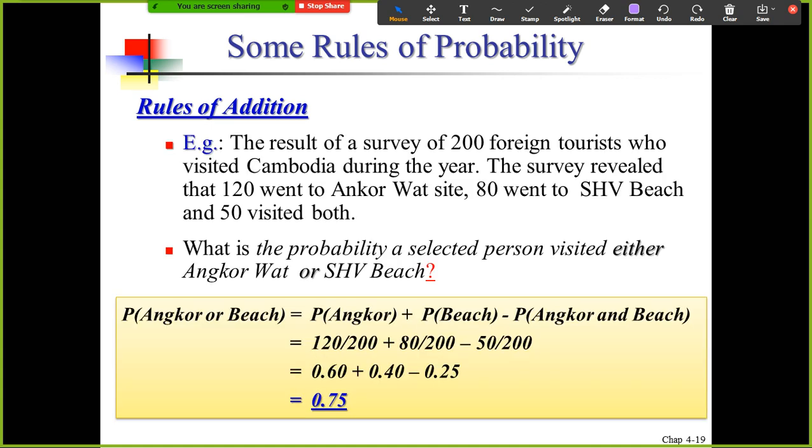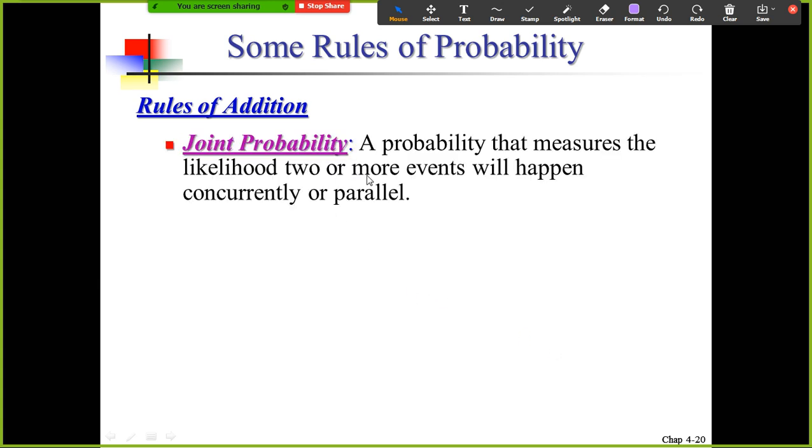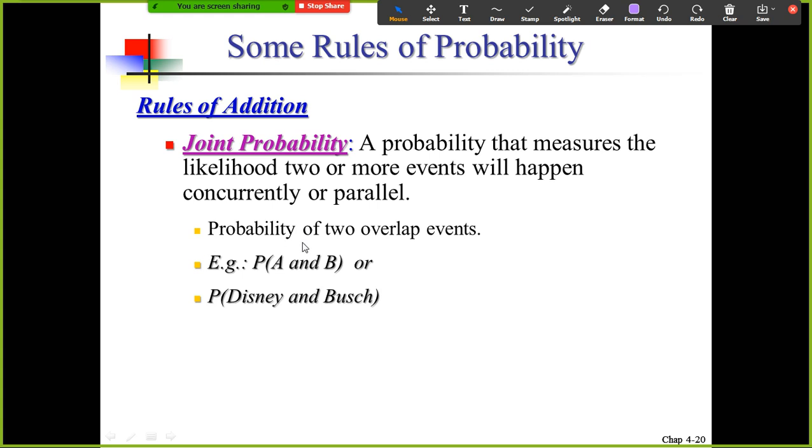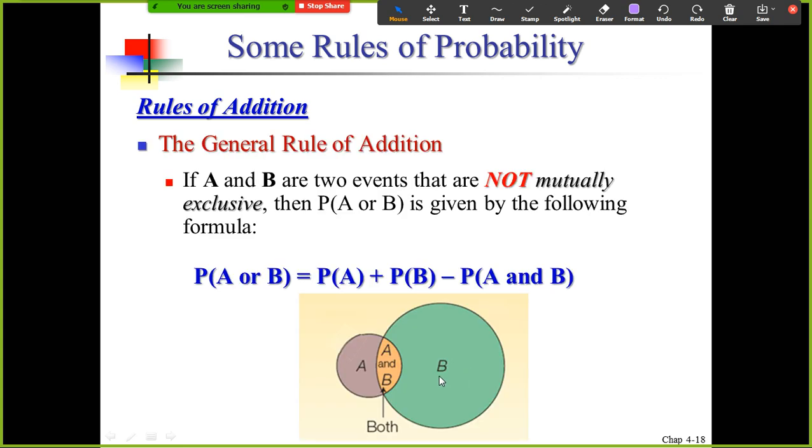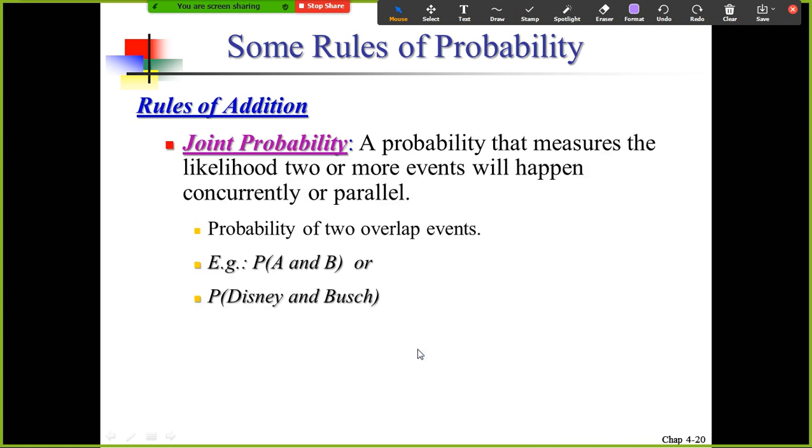Again, the probability of A and B will be called joint probability. The probability of two overlapping events. Based on the graph, this is the overlap area, but based on events, it is two overlapping events. For example, the probability of A and B, the probability of Disney and Bush.